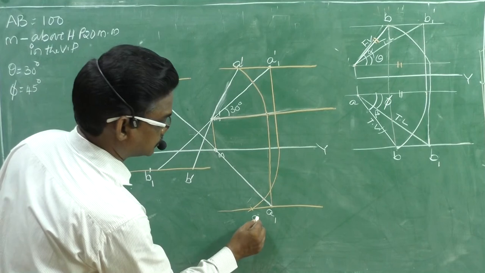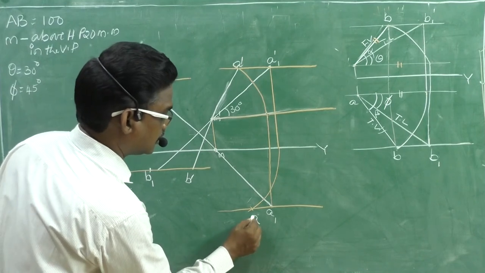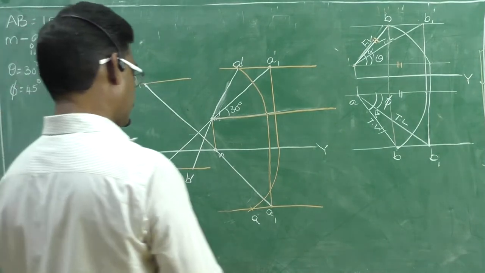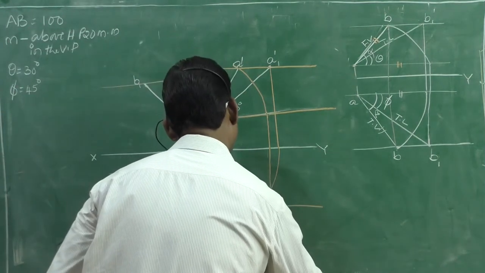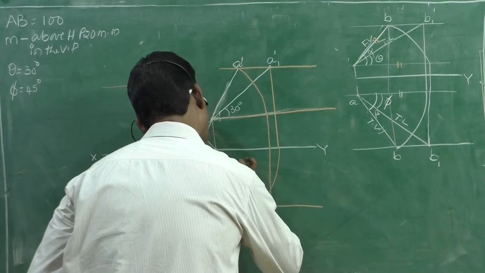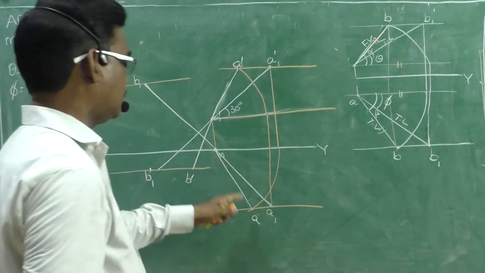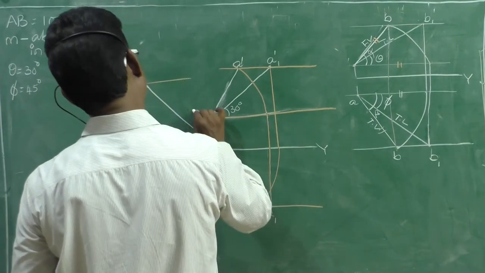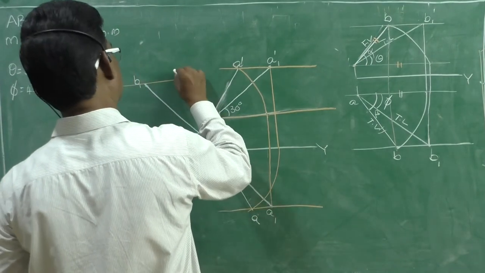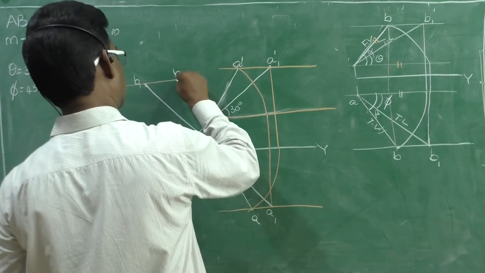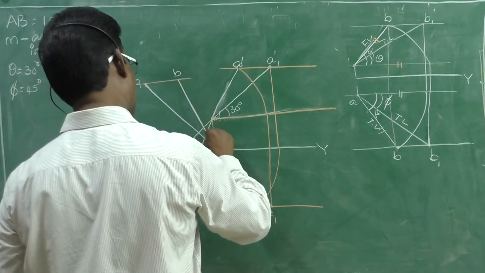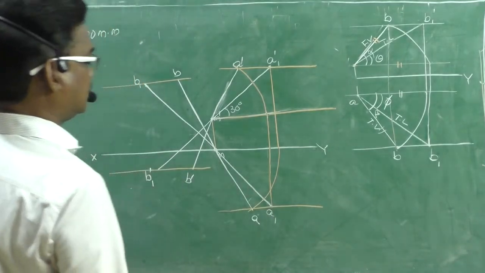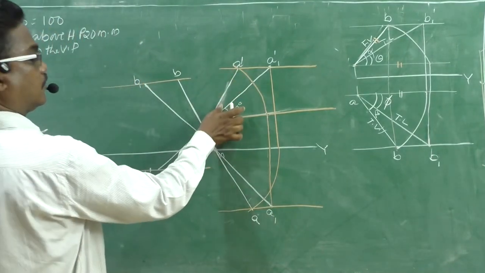Okay, this is A. Now if you draw a line, this is the required top view, and if you extend it up to the locus line, this is B. Required front view and required top view.